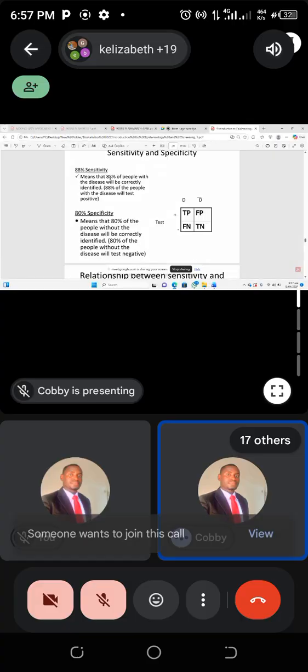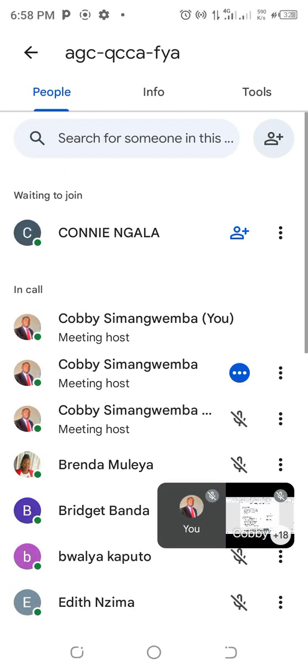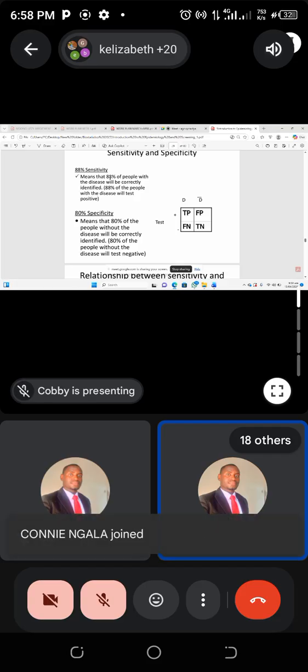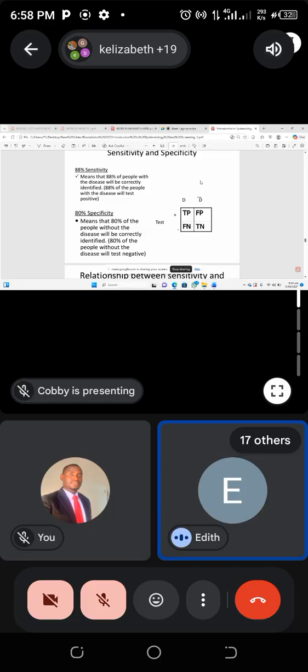And how do you classify those who have the disease but test negative? They are false negatives. Yes, they are false negatives. So 12% of them are going to be false negatives.